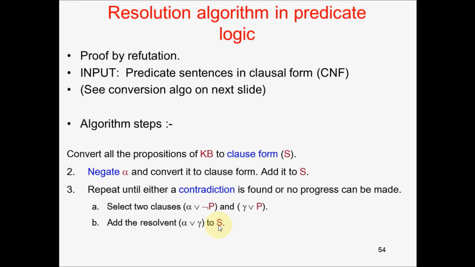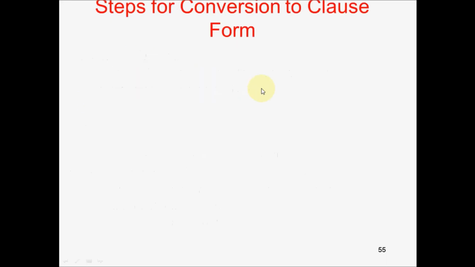Now in the next slide, as I had promised, we are going to see the steps for conversion of any predicate sentence to the clausal form. Students, kindly note, for the exam you are going to get a paragraph in English, or some English sentences. The first step is that each sentence you have to convert into predicate logic.